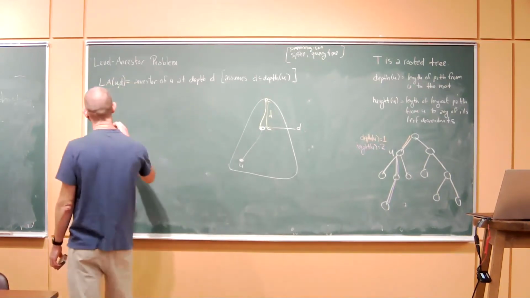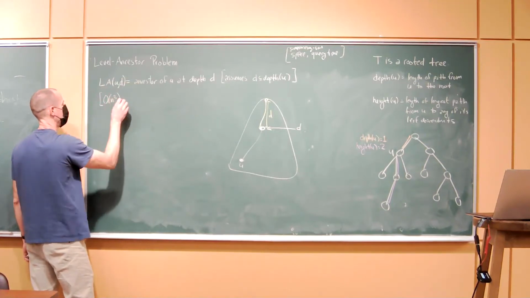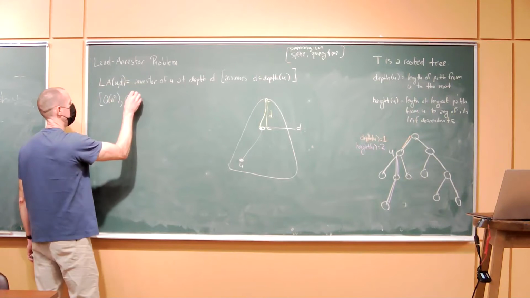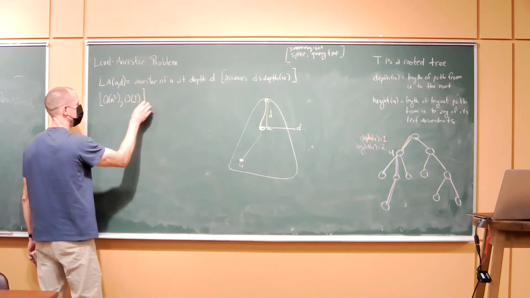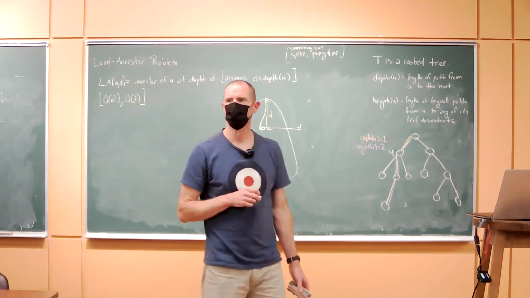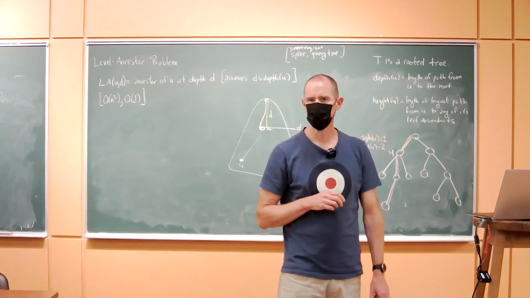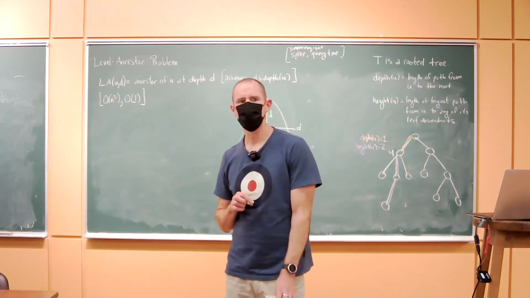All right. So let's say the first thing we want is a data structure that uses O of n squared space and constant query time. How do we get a data structure like that? We use a table, and it's indexed by what?